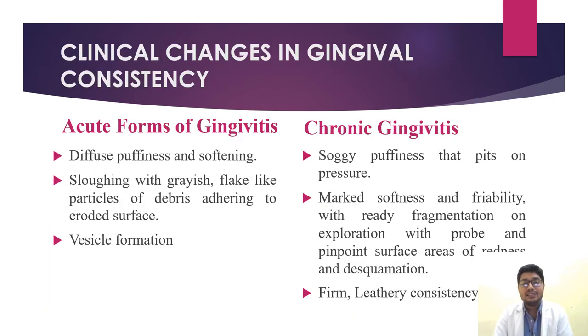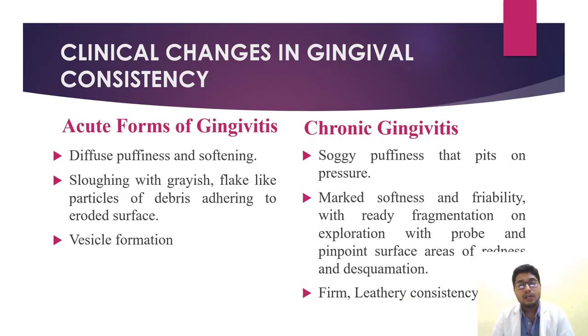In the acute form, the clinical changes in gingival consistency are diffuse puffiness and softening. At this time not much reparative change happens, which is why we see soft puffiness of the gingiva, with sloughing and grayish flake-like particles of debris adhering to the eroded surface. Vesicle formation can be seen in acute forms of gingivitis.